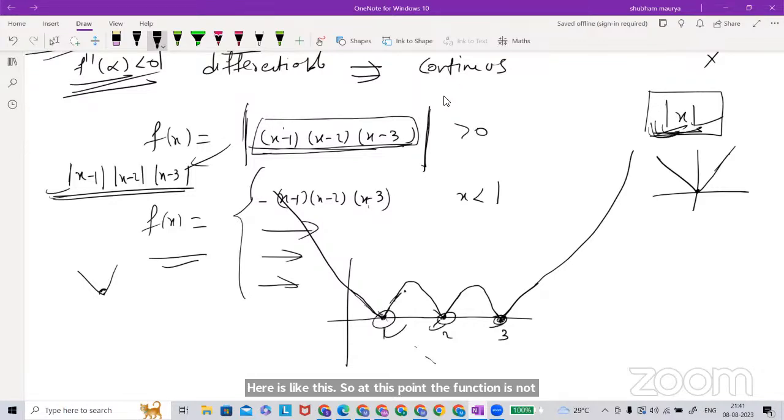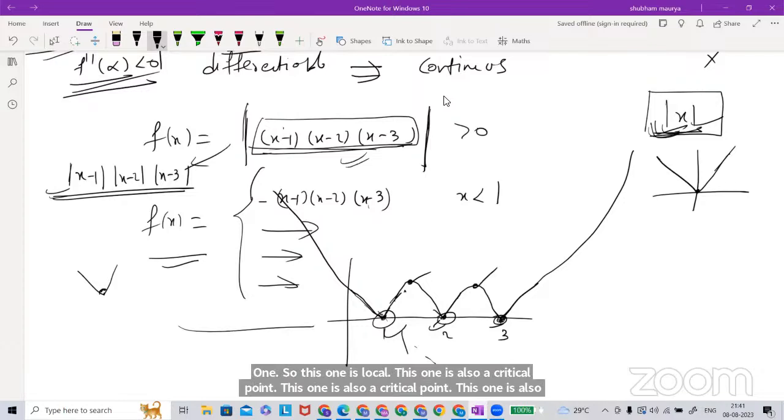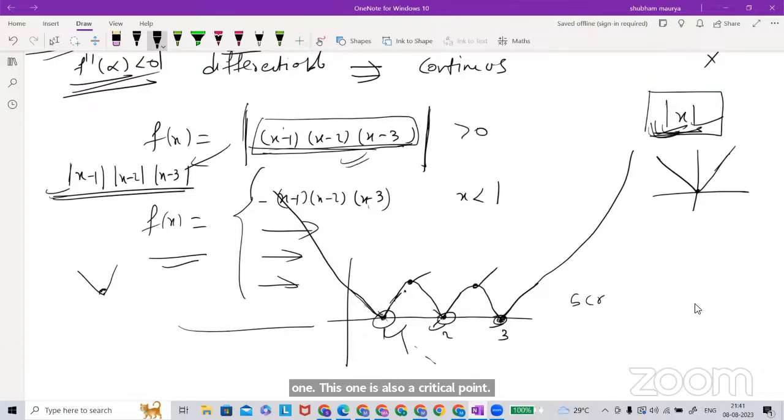So we got that 3 points are critical points, and also this one is a local maxima, this is a local maxima. So this one is also a critical point, this one is also a critical point. For the whole real line, we are looking at 5 points as critical points.